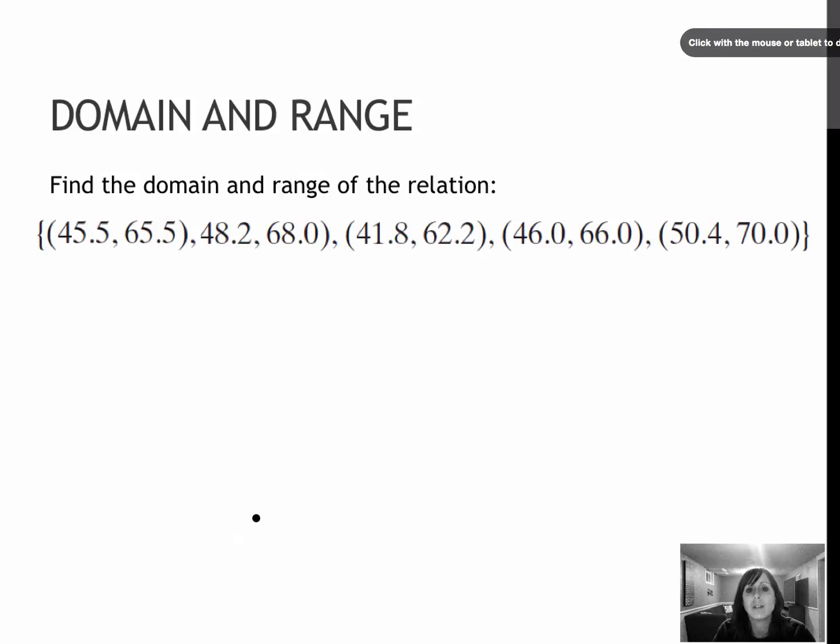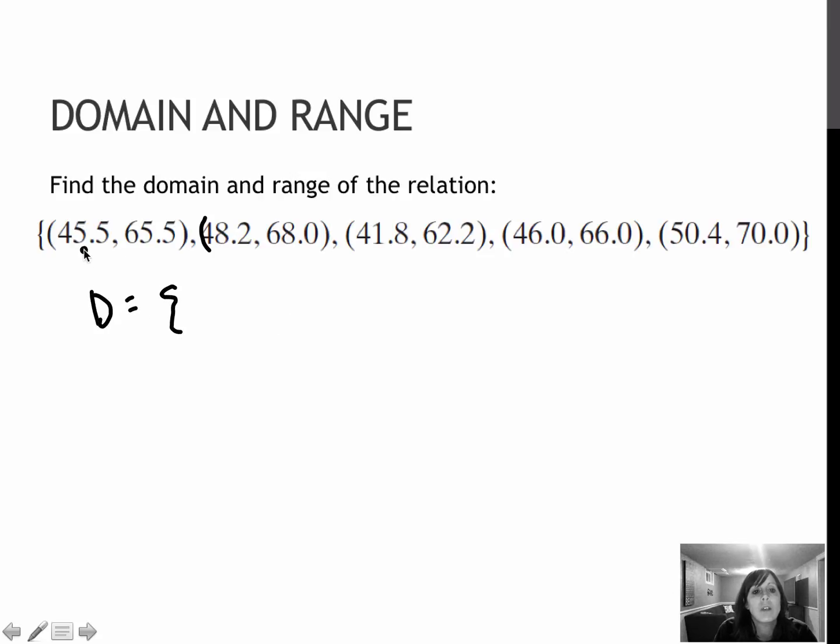So here we're going to find the domain and range of this relation. The domain, and again we would typically write this from least to greatest, the domain would be 41.8, 45.5, 46, 48.2, and 50.4.